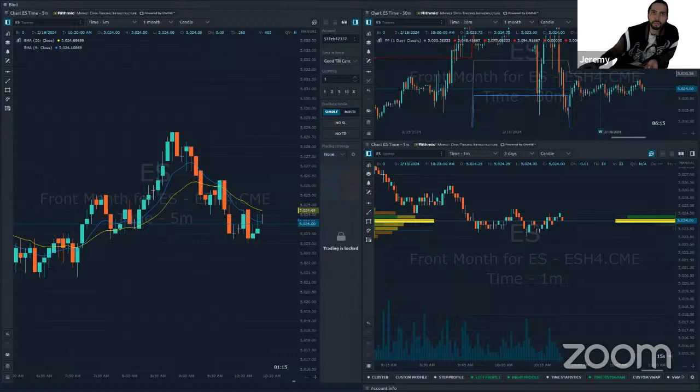Wow, let's look at this chart. I need my 5. Where's the 5 day? Okay. That's not the 5 day. Where's the 5 day? Let's see, we might get another swing, man.